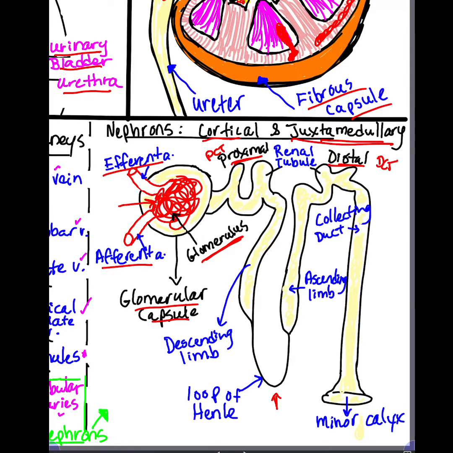The filtrate from the DCT then empties into the collecting system, particularly connecting tubules from several nephrons that lead to a common collecting duct. And then the collecting duct passes through the renal pyramids and eventually goes towards the minor calyx. The glomerular capsule is also known as the Bowman's capsule, and the glomerular capillaries, like I said, the glomerulus.